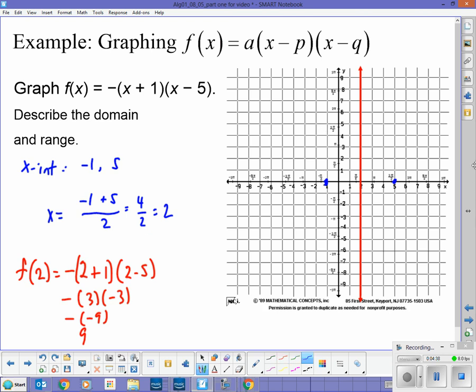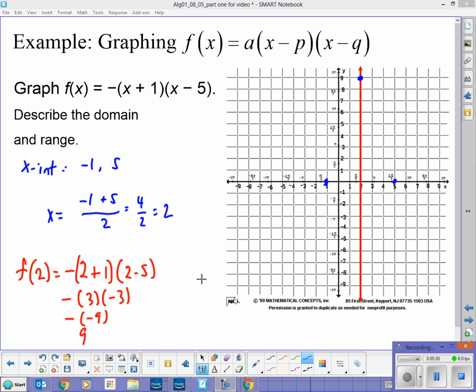So my vertex point is up here. If we wanted to make this a little more complete, I could calculate a y-intercept, which is the value of y when x equals 0.